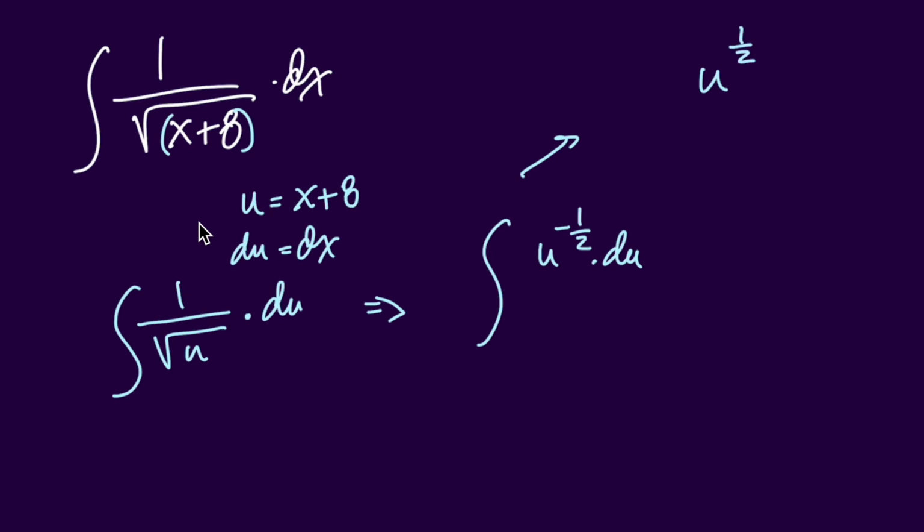We're going to divide by our new exponent, which is 1/2, and that's the same as multiplying by its reciprocal, which is 2. So we're going to end up with 2 times the square root of x plus 8 plus c.